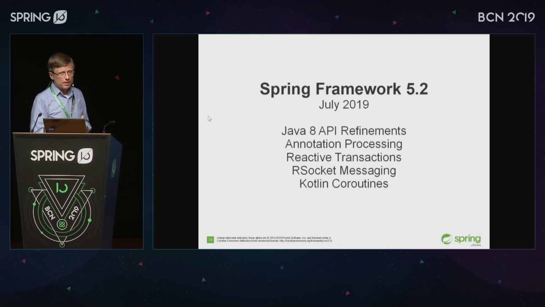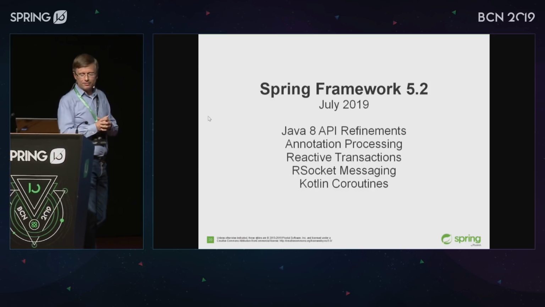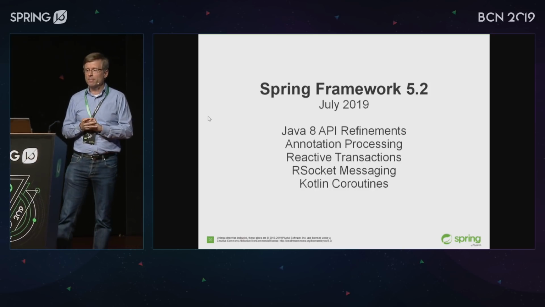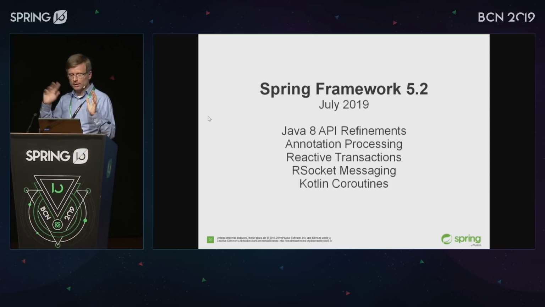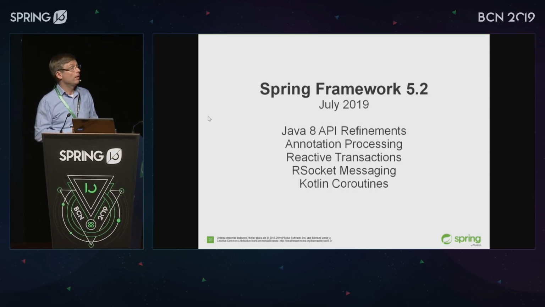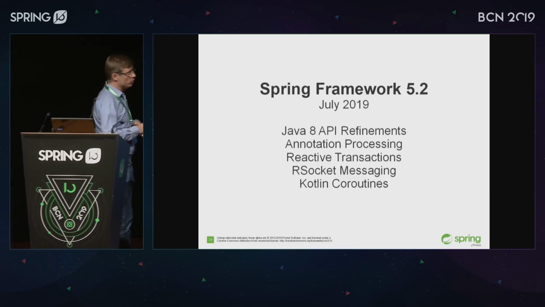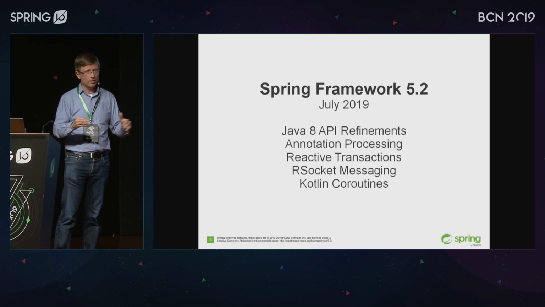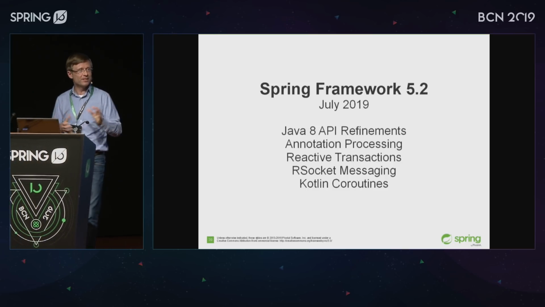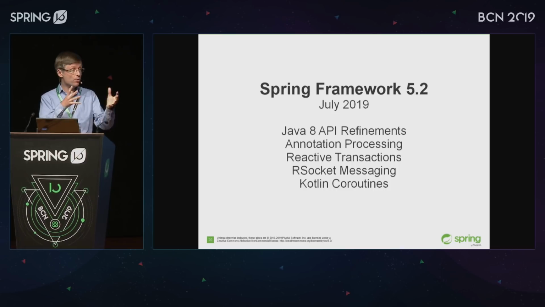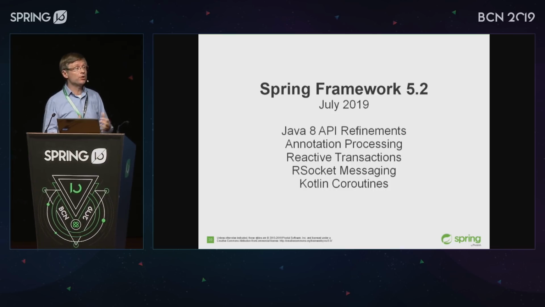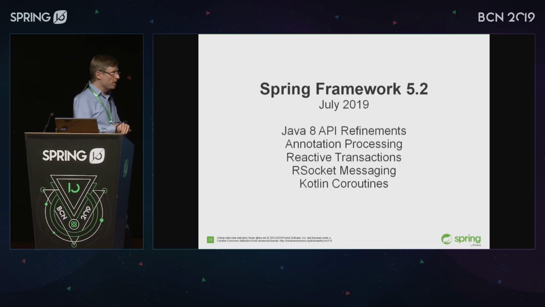All right, that's all I had for you today for this session. So we were talking about a few Java 8 API design topics. Annotation processing, huge deal. Hopefully you won't even notice. Just a little bit more efficient in processing your annotations, but a refactoring underneath the covers, and a pretty huge one.